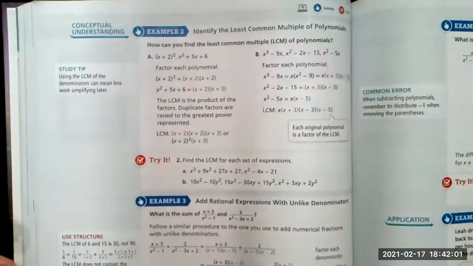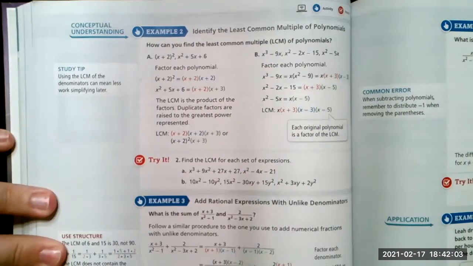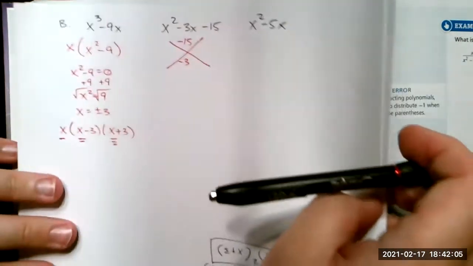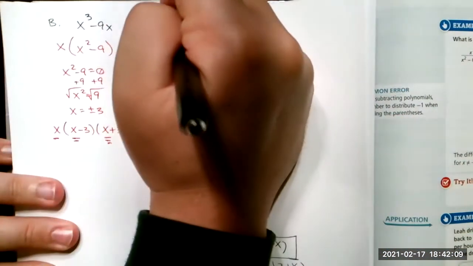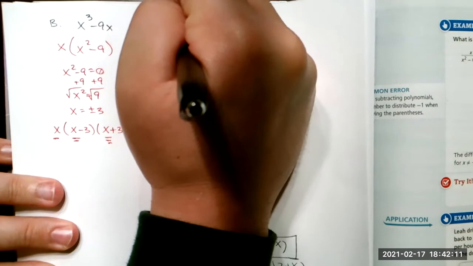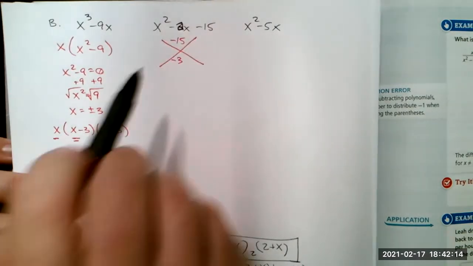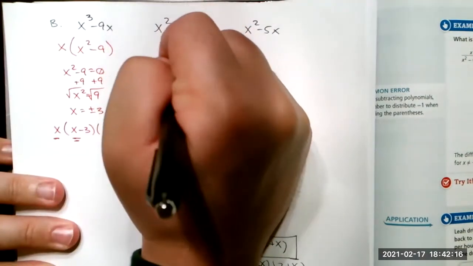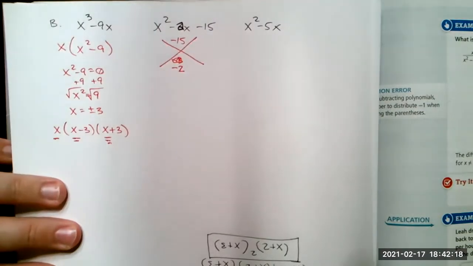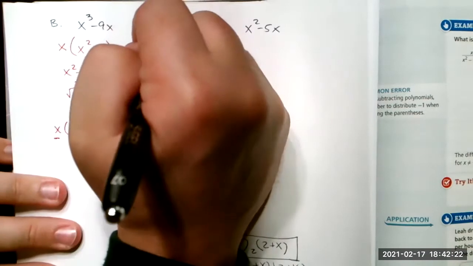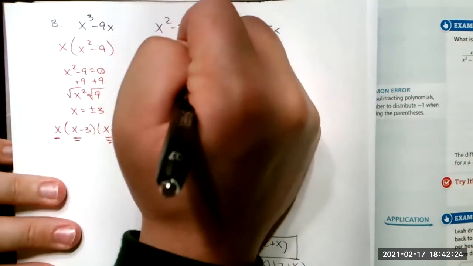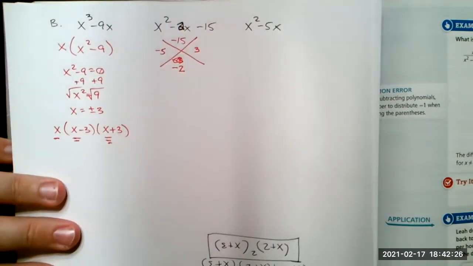Let me see if I wrote that down right. Negative 2. So let me correct this real quick. So this is negative 2x. There we go. So this is a negative 2 down here. Sorry about the mess. So two numbers that multiply to negative 15 add to negative 2. I think that's going to be a negative 5 and a positive 3.